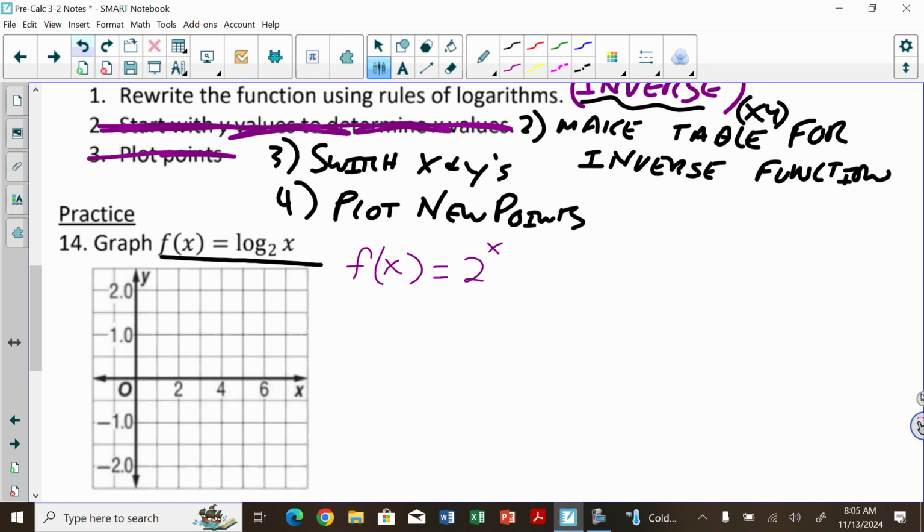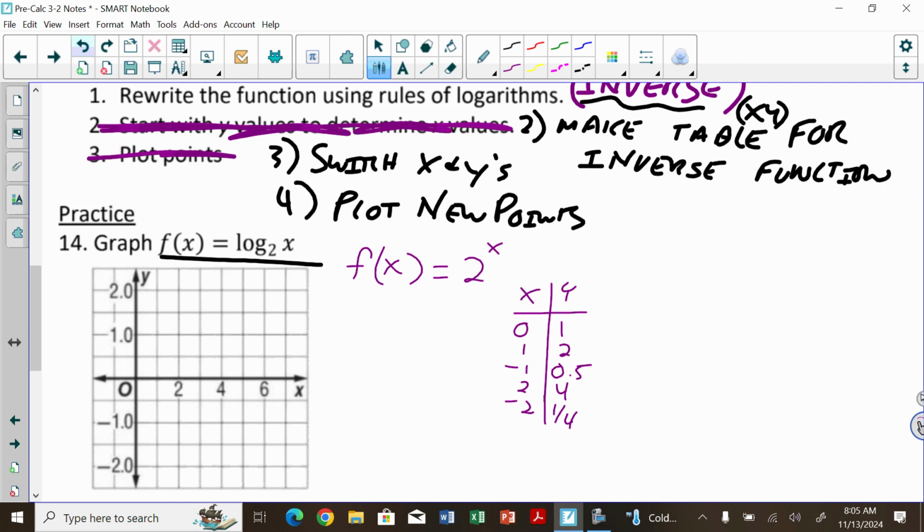Okay, so now if I make a table for that inverse, I'm just going to pick some select numbers: 0, 1, -1, 2, -2. If I plug in 0, I'm going to get 1. If I plug in 1, I'm going to get 2. -1 is going to give me 1/2 or 0.5. 2 is going to give me 4, and -2 gives me 1/4 or 0.25.